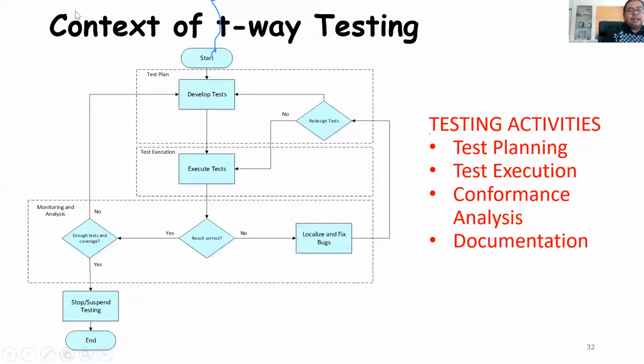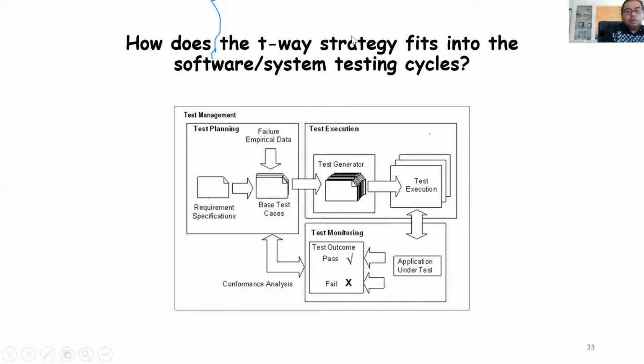Contrary to popular belief, later we'll show you how T-way testing complements other testing techniques, for example equivalence partitioning and boundary value, and how T-way testing can complement them in order for you to do testing. Now, like I said earlier, you need to have a feeling for the software you're using, what kind of interaction that software has.